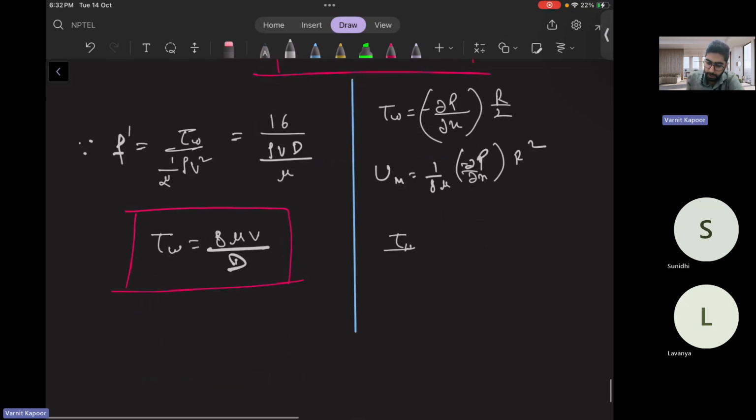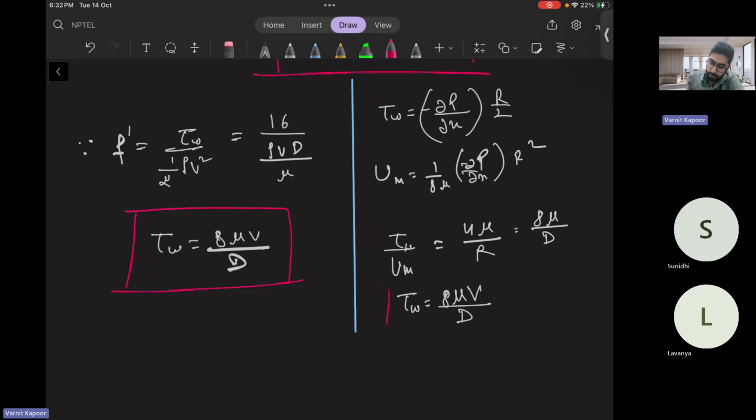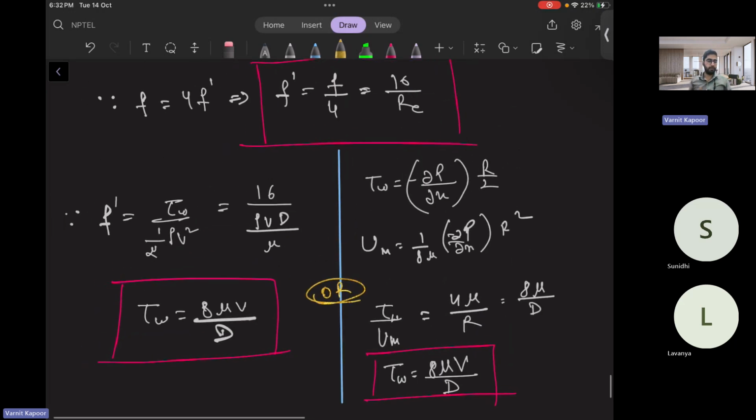So you divide both of them: tau wall by U mean, dou P by dou X cancels out, R cancels out. It will be 4 mu by R, or you can say R is D by 2, so 8 mu by D. So again, tau wall is 8 mu V by D. This is another way of deriving the relation, if not going through the friction factor concept. All right, now let's come to the plane Poiseuille, that is for the plates. Then the Couette flow. I'll just take a short break and then I'll be back.